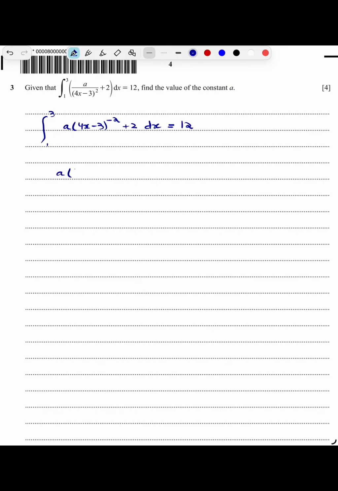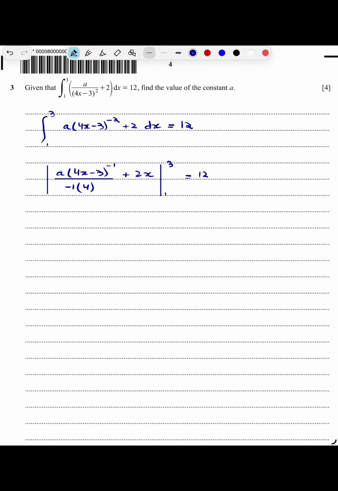So let's integrate it. 4x minus 3, minus 2 plus 1 is minus 1. We divide by minus 1, and also the differential of this expression is 4, so we divide by 4 as well, plus 2x, and we get this expression.